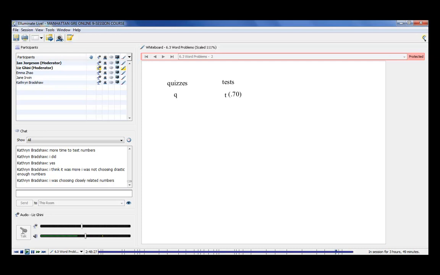And quizzes are only going to be 30% of the grade, so I'd multiply this by 0.30, to get the average. So the weighted average would be 0.30 times quizzes plus 0.70 times tests. Rather than, if I were weighting them evenly, I'd say quizzes times 0.5 plus tests times 0.5. Each would be half the grade. Does that make sense? It's a weighting.